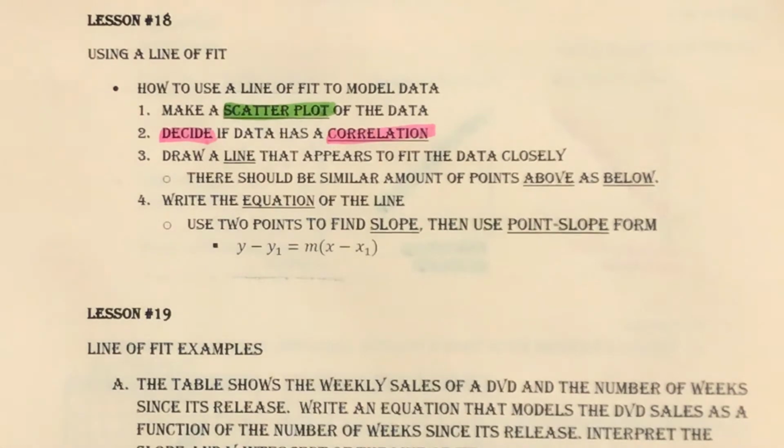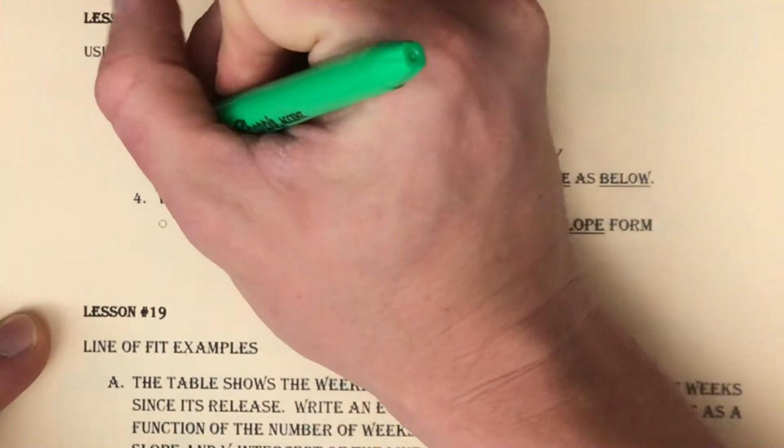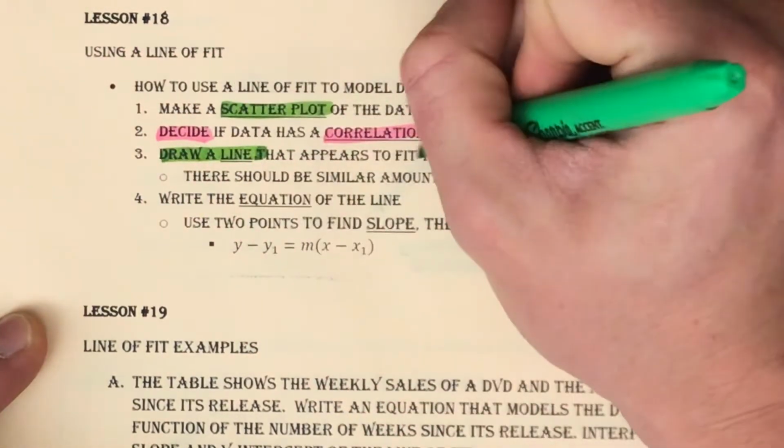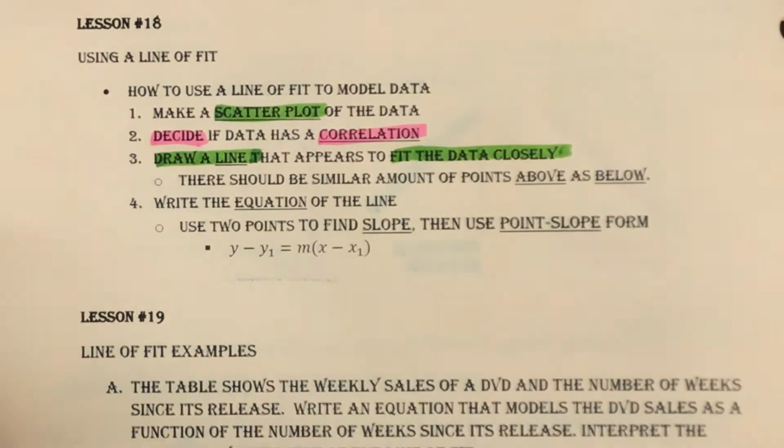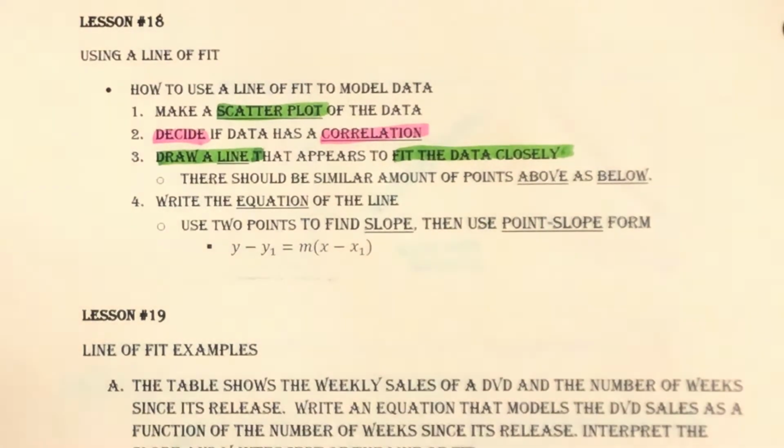The next thing we want to do is draw a line that appears to fit the data closely. And for this, we need to have a ruler. So make sure that when you do this, you use a ruler, because we need that line to be as straight as possible.